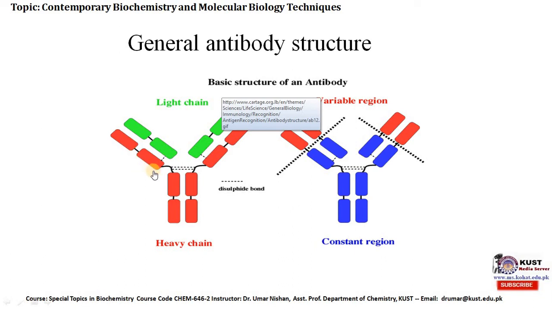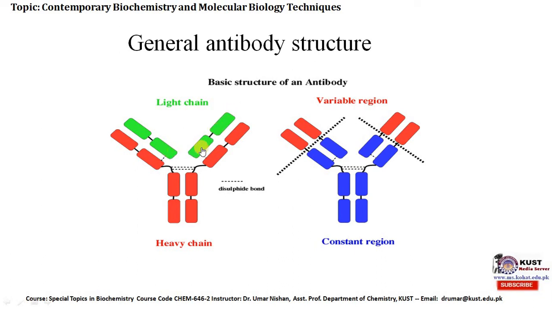So you know that the structure of an antibody is such that it consists of two chains, one the red heavy chain and the other, the green one, the light chain.